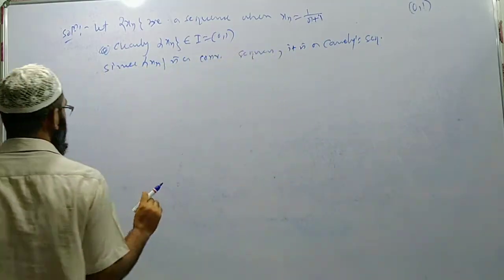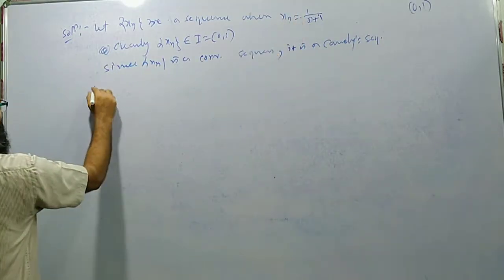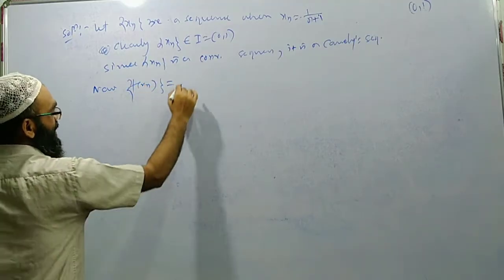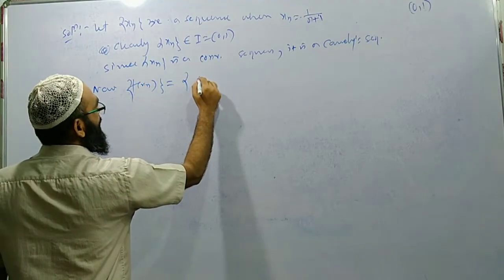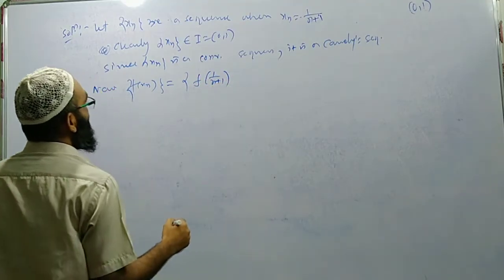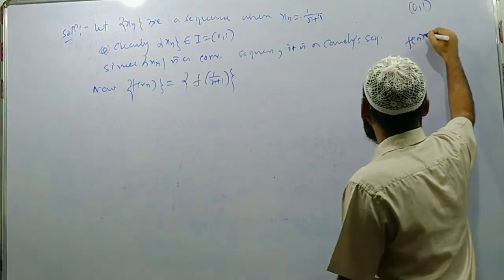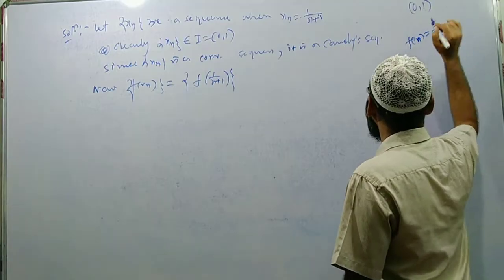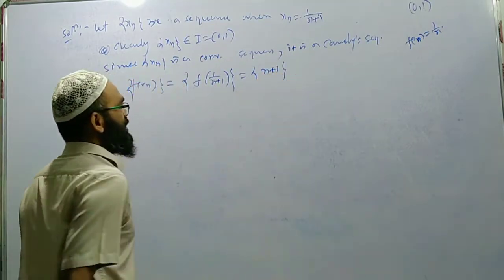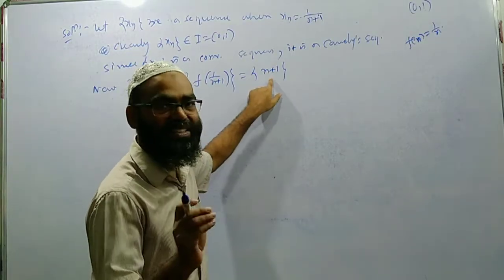Now observe the sequence of functional values, f(x_n) = f(1/(n+1)). Since f(x) = 1/x, this equals n + 1, and it is very clear that this sequence cannot converge.